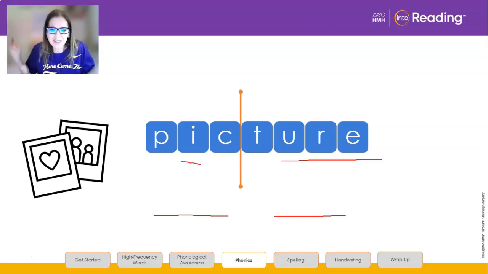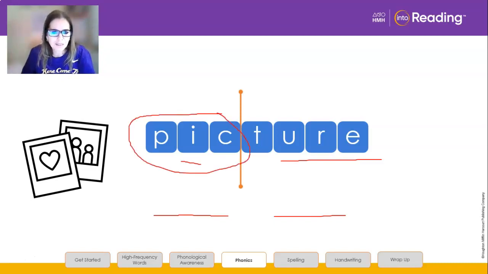So that stays together too. And then I know that this syllable here, pick, goes here. And then the final stable syllable, T-U-R-E. We already know that, don't we? That stays together. You didn't know you knew all that for a reason, did you? Let's go on to another one.